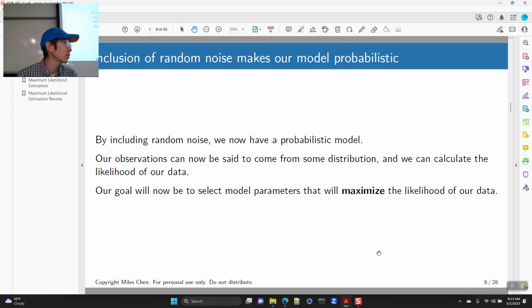In our probability distribution, we have different parameters that determine it. And now we want to figure out how do we maximize the likelihood of our data? That's what we need to do here.